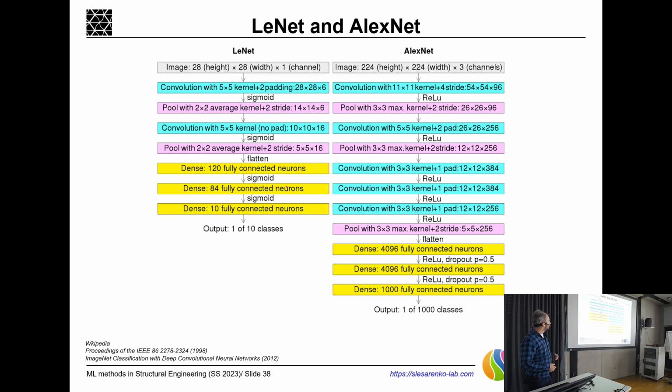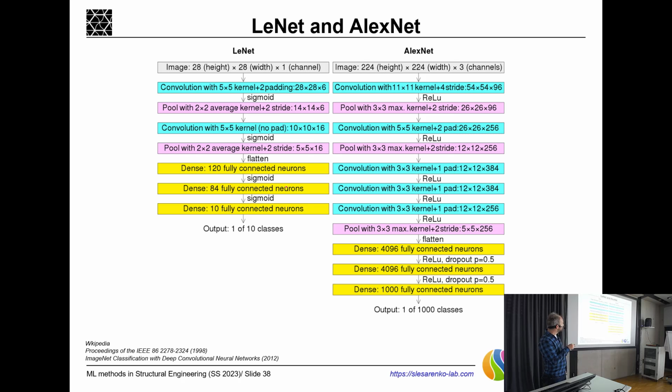The initial image here is only 28 by 28 in size and has only one channel, which means it's grayscale. Then you have a convolution with a 5 by 5 kernel with specific padding, and you apply a sigmoid function. Looking at the sigmoid function, you know that it's quite an old neural network, because right now everyone is using ReLU more or less.